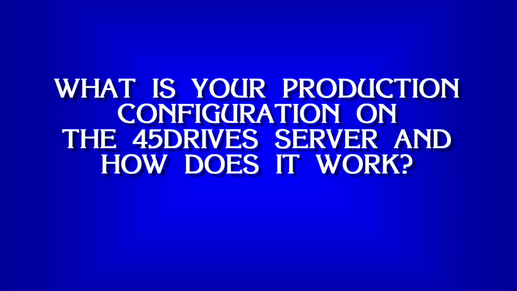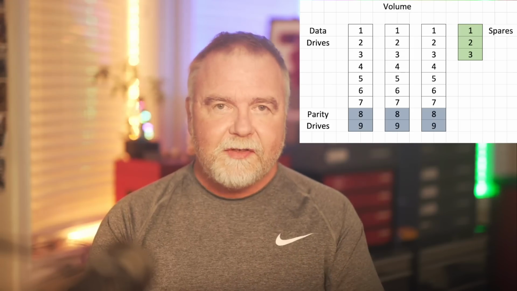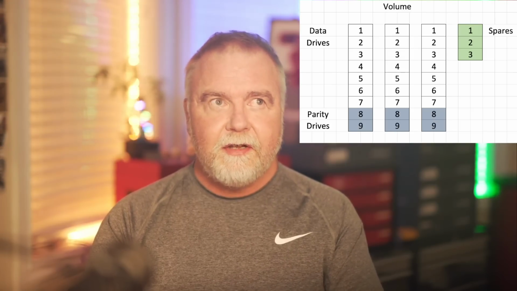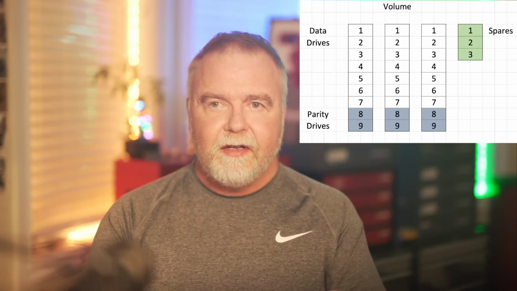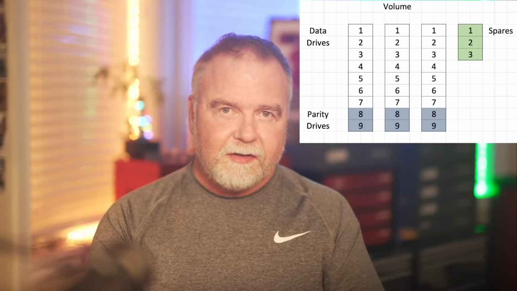I was asked how my production configuration is working on the 45 Drives server. Good. If you didn't see the last episode, I drew a diagram of it, but I have 3 VDEVs of 9 drives each in RAID-Z3. So 3 drives in each are effectively dedicated to parity, and that means 18 drives' worth of data across those 3 sets.